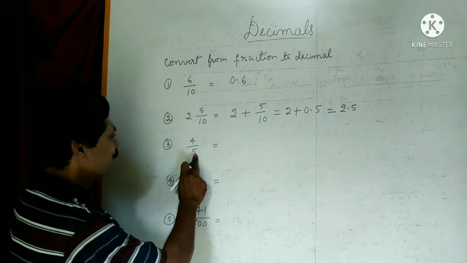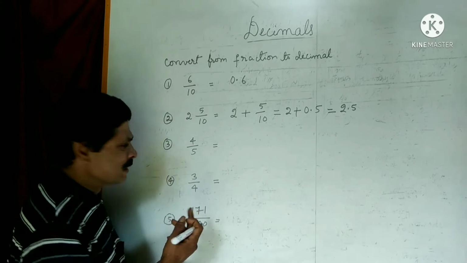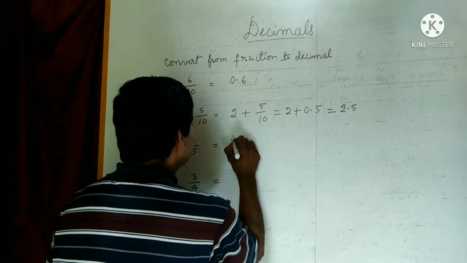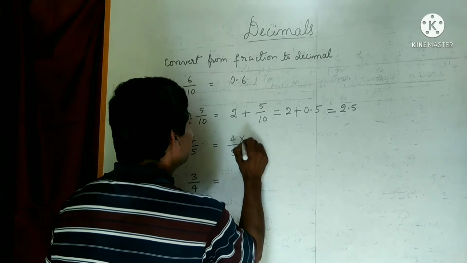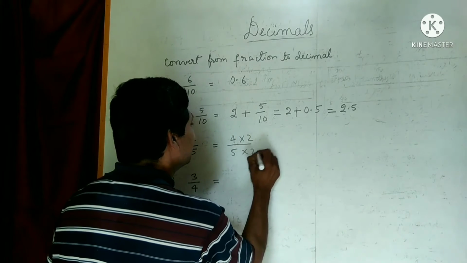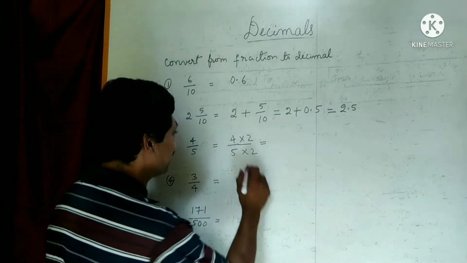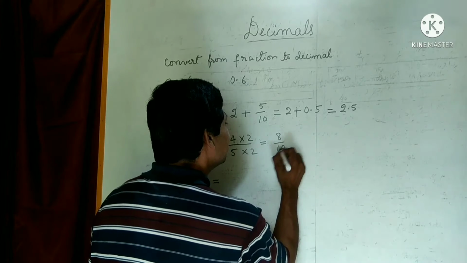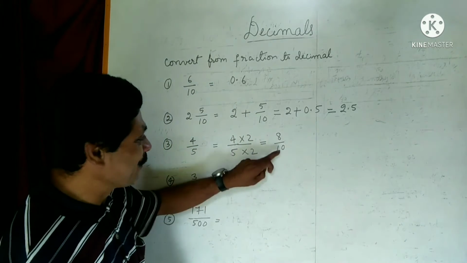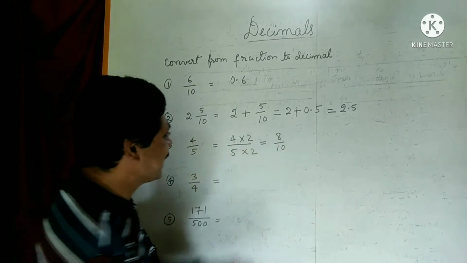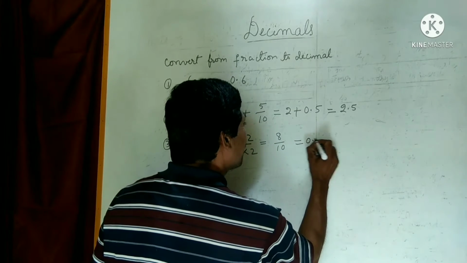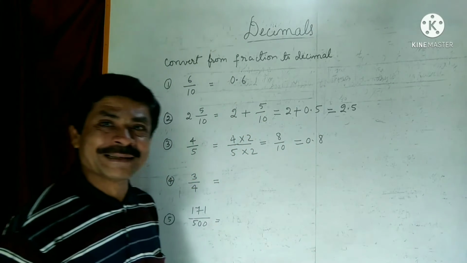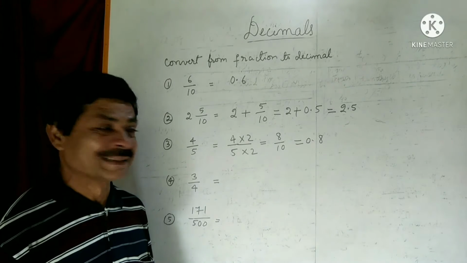The denominator near to this is 10, so you have to multiply both by 2. So you will get a denominator of 10: 8/10. Now the denominator is 10, so you can write it directly: 0.8 is your conversion.